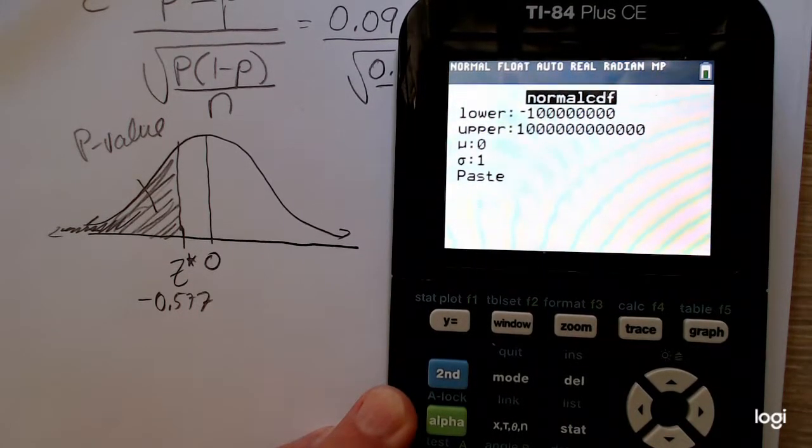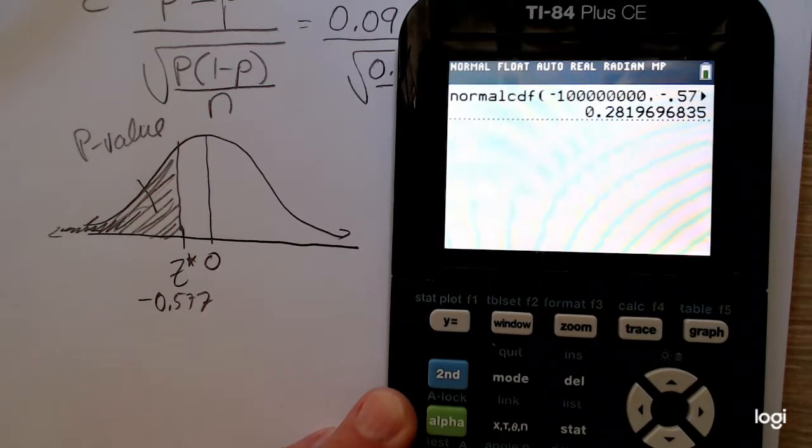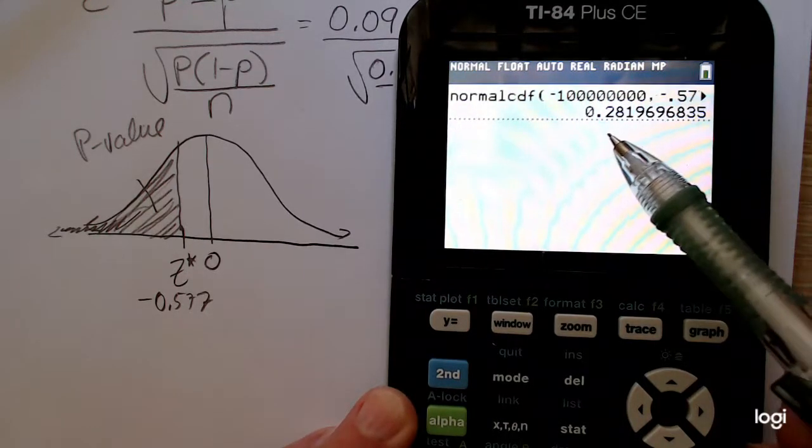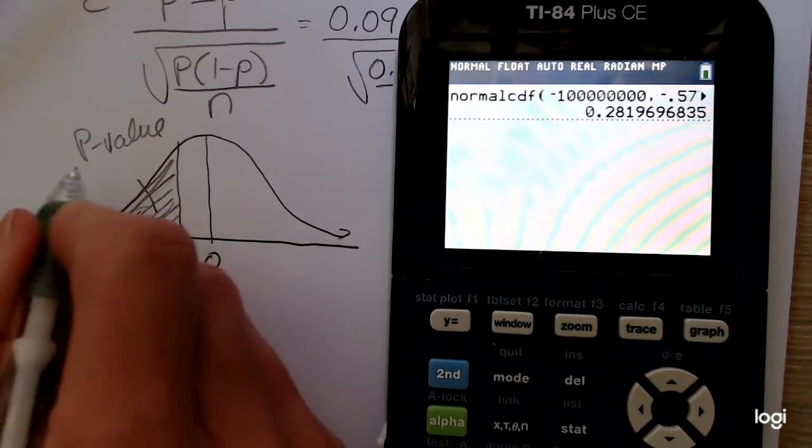My upper bound is negative 0.577, working with standard normal here. I get a p-value of approximately 0.282.